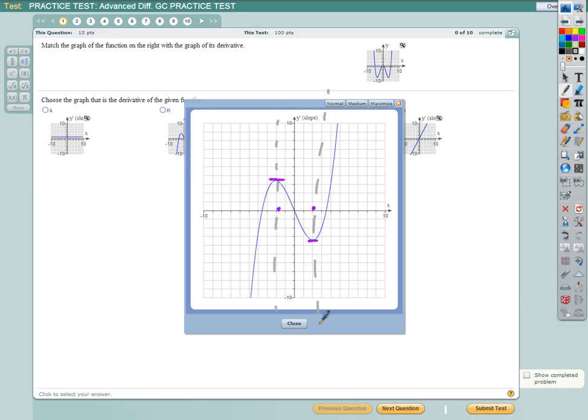to the left of this 0, how would you describe the behavior? Positive. Okay, and going from left to right, is it getting more or less positive? Less, because it's flattening out and going to 0. So it's doing something like this, isn't it?